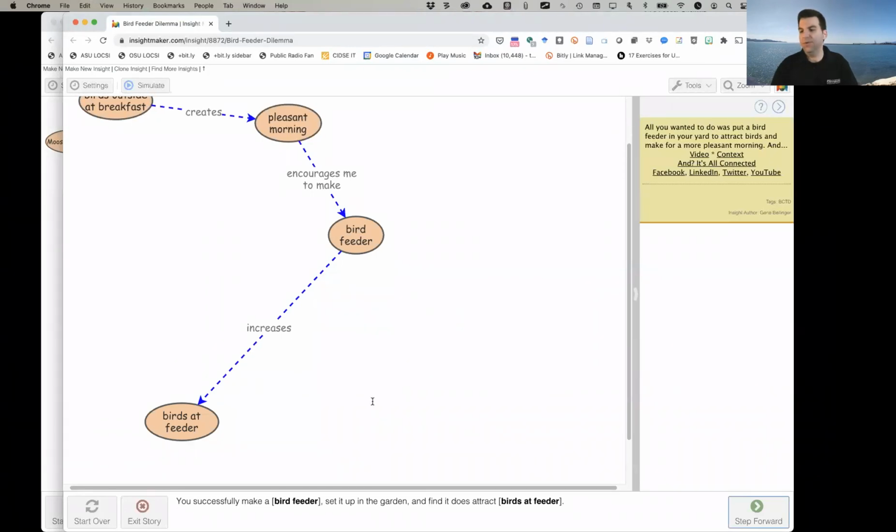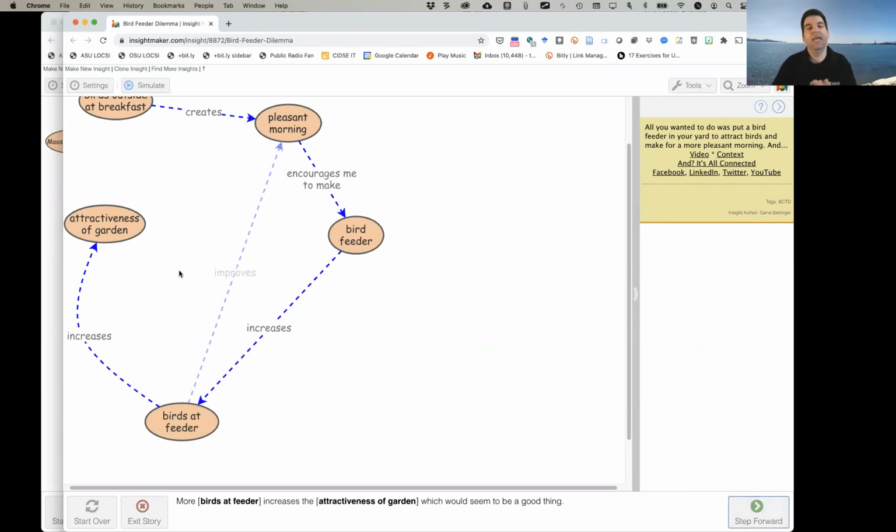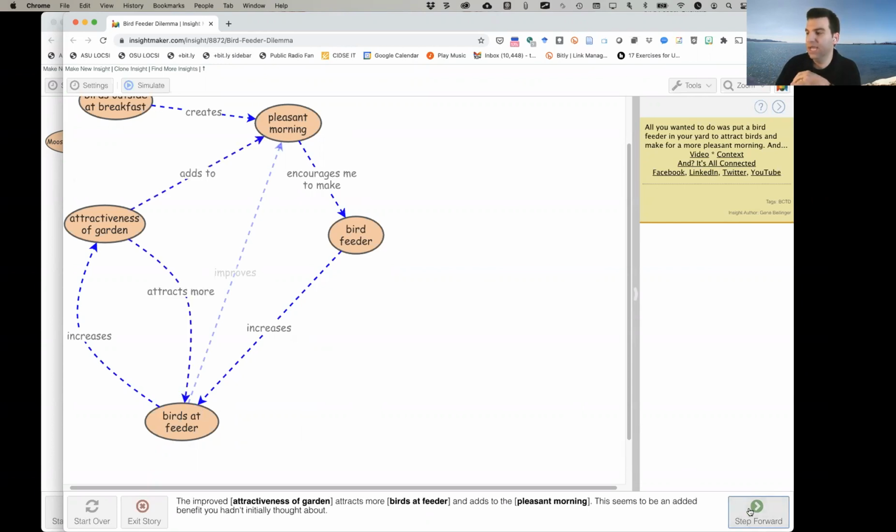All right. So this bird feeder that I've just bought, that's great, right? It improves my morning, and it also increases the attractiveness of my garden. Maybe I bought a really aesthetically pleasing bird feeder. Excellent. So I got birds and the bird feeder. Everything's wonderful. What could go wrong?